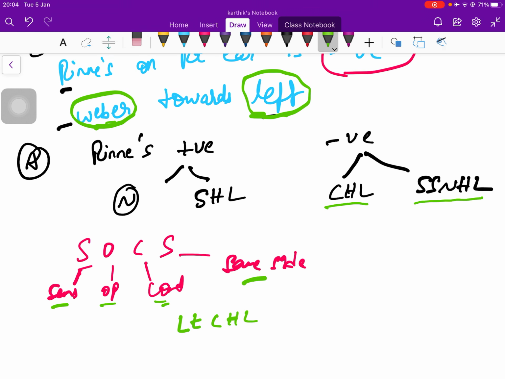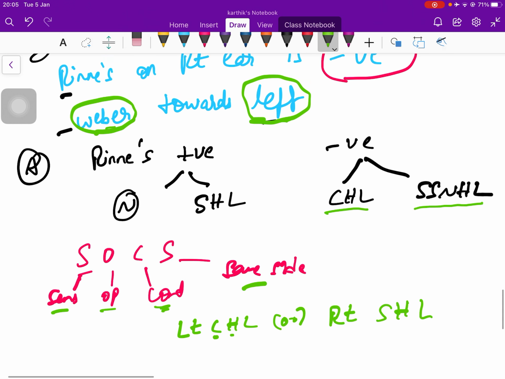Two differentials are possible with this Weber's test: left conductive hearing loss, or right sensory hearing loss.